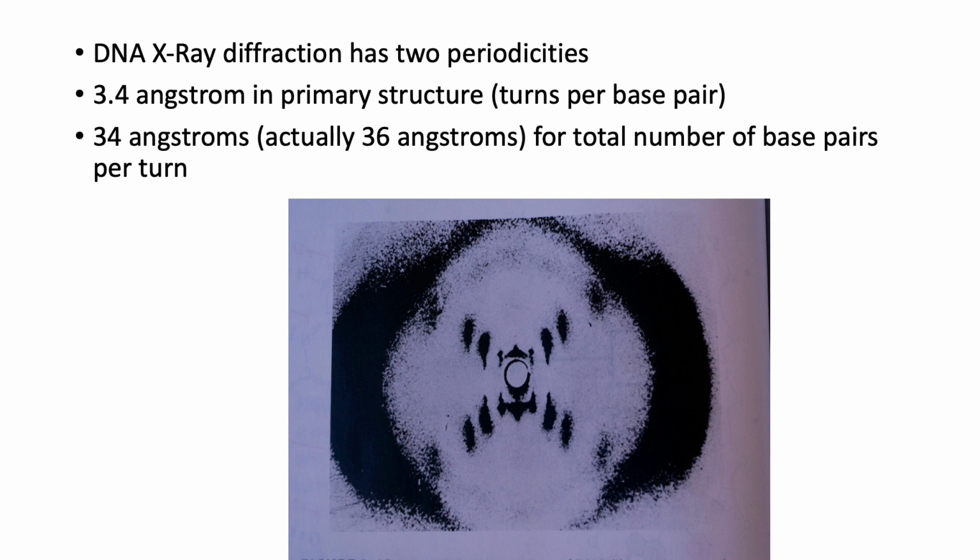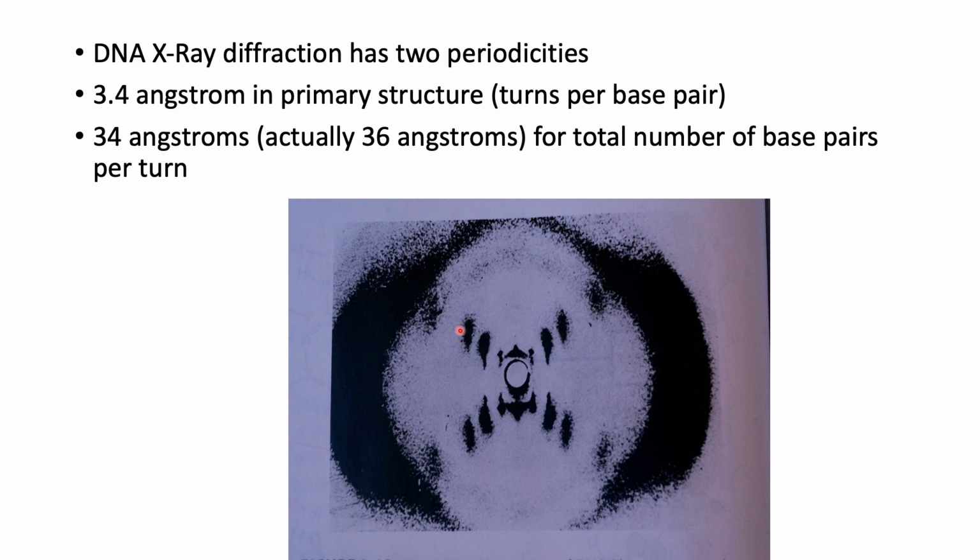DNA X-ray diffraction has two periodicities. There's a 3.4 angstrom periodicity in the primary structure, which is per base pair, and 34 angstroms. It's actually 36 angstroms for the total number of base pairs per turn. So the periodicity where a complete turn consists of about 36 angstroms.